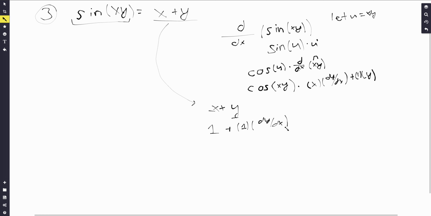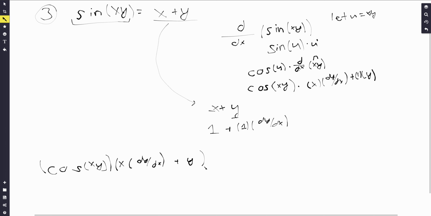Okay, now let's just write all of our terms, just so that we don't get confused. So just on this side, we would have cosine of xy, then I'm going to do parentheses here, times x, and then dy over dx, and then plus y.